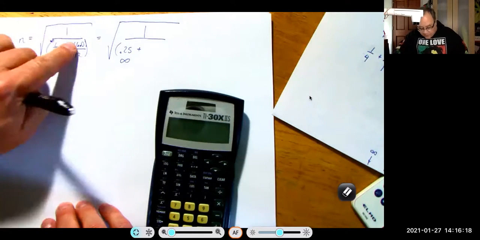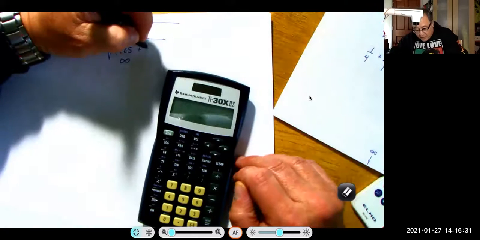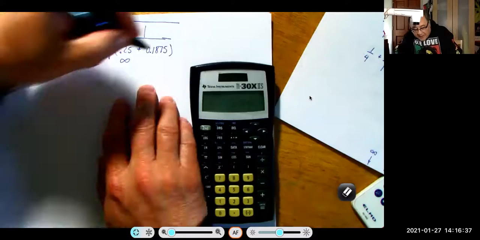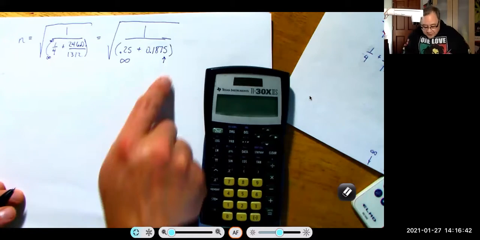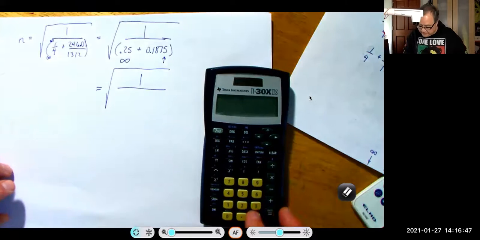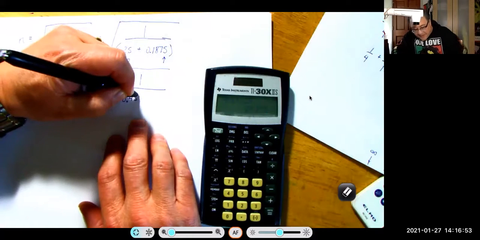And when I put these two numbers into my calculator, I've got 4 significant figures and 4 significant figures. So I get 0.1875. And this is good to right there. So now I'm going to add these two numbers together. And we get 0.4375.